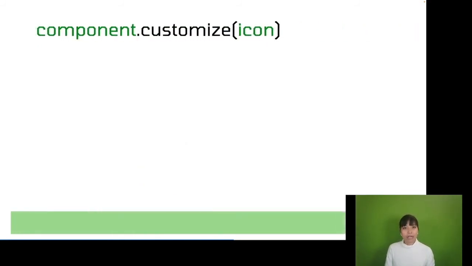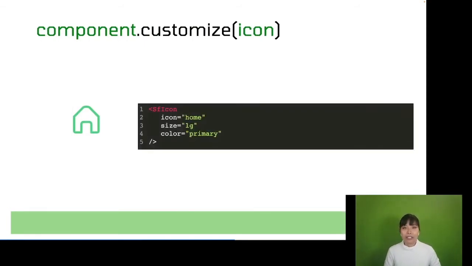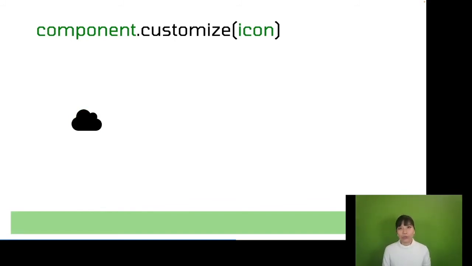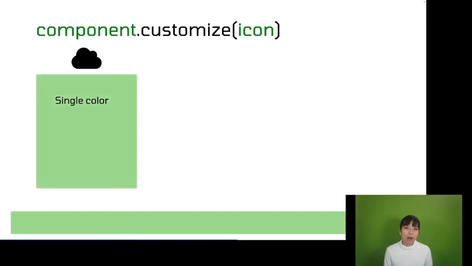How do we customize icon? Well, we have a set of icons. This is how the asset button with an icon from the Storefront UI icon library looks like. But the user says, okay, I want to use a cloud icon, which is not in the list. So what we found from our research is that an icon is an SVG, which will only have one single color because it's an icon.